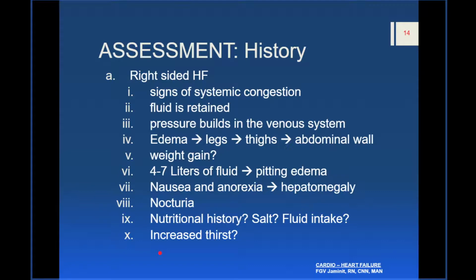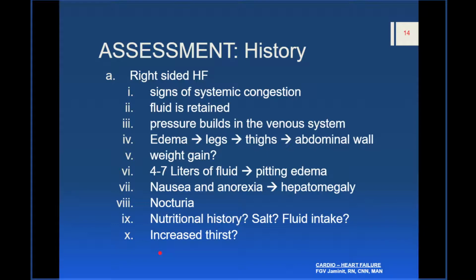Meanwhile, on the right-sided heart failure, kanina lang yung affected, 'di ba, with the left side. Sa right side, more on circulatory, meaning all over the body yung effect. So ask the following questions or assess signs of systemic congestion. So, ano bang signs ng systemic congestion? There could be presence of edema or manas sa lower extremities.